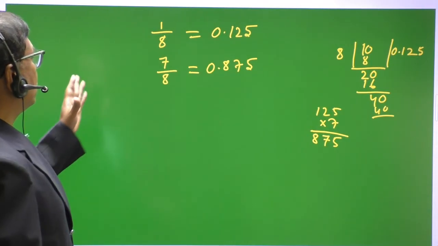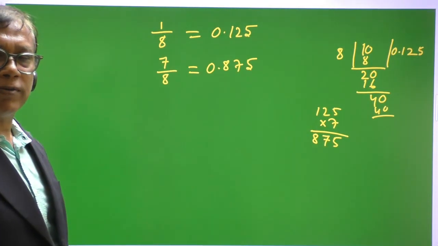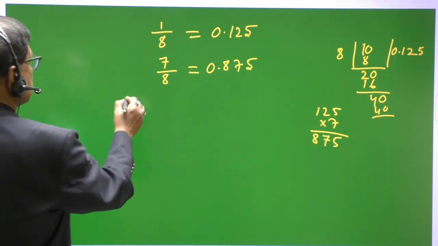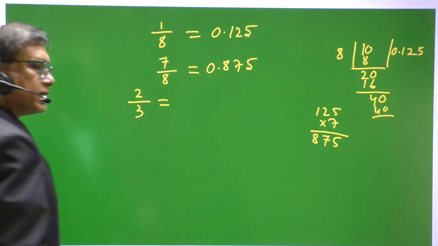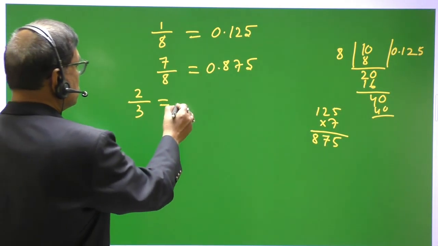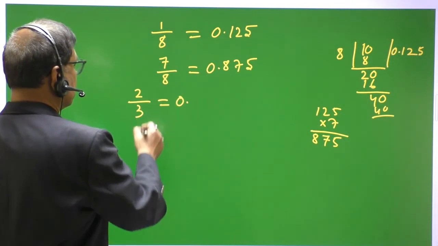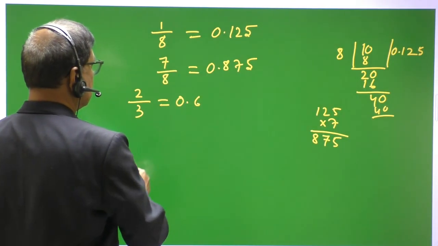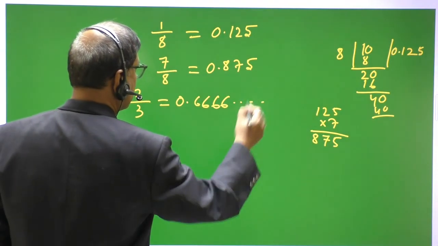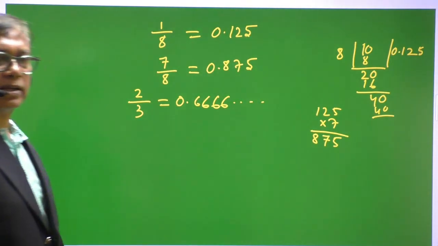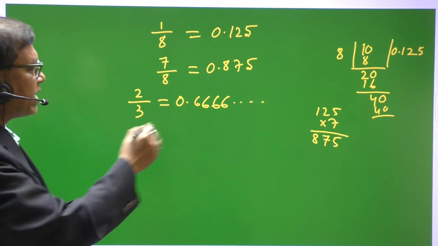Now one example of a recurring decimal. If I ask to divide 2 by 3, then what will be the result? 0.6666 like this. So 6 is the repeating digit, infinitely repeating.